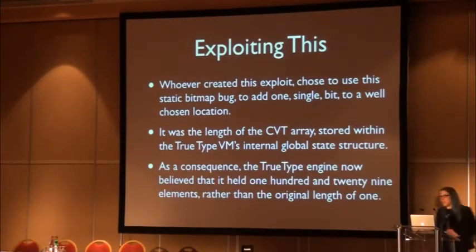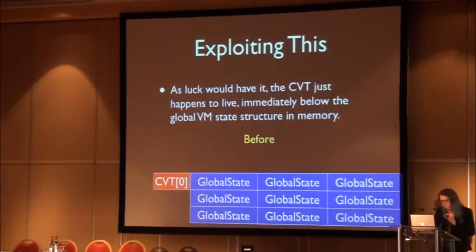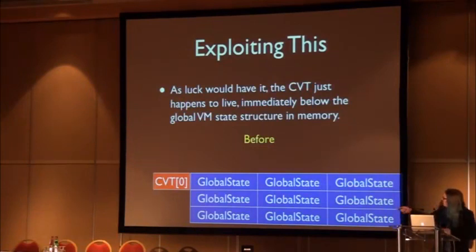It was 128 added to 1, which is the original value. So it now believes there's 129 entries in the CVT array, but only 1 was actually allocated there. And as it just so happened, the CVT table lived immediately, about 4 bytes prior to the global VM state in memory.